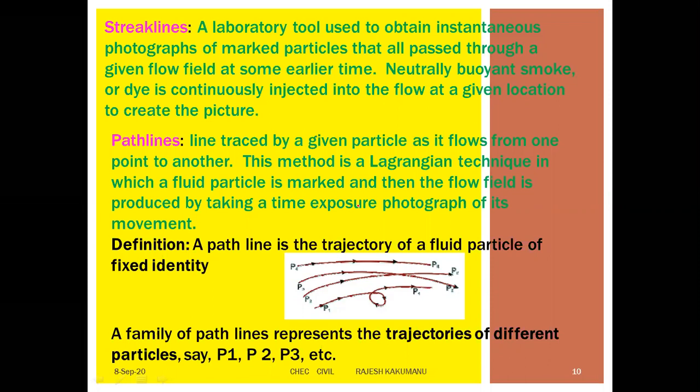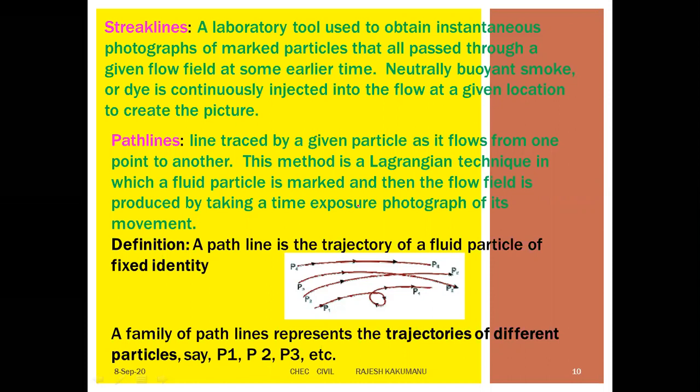The streak lines are the tool used to get instantaneous photographs of marked particles, just like your photo negatives. The particles pass through the given flow field at some given earlier time.